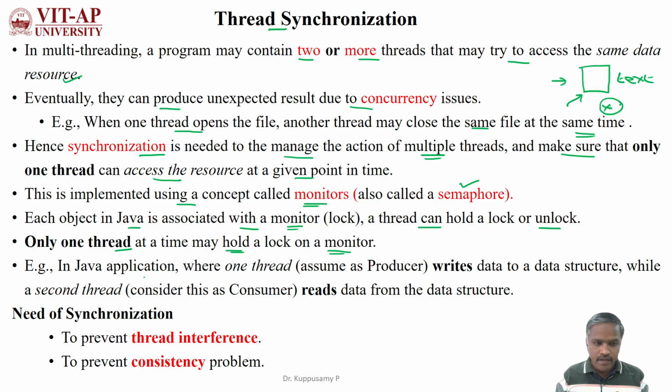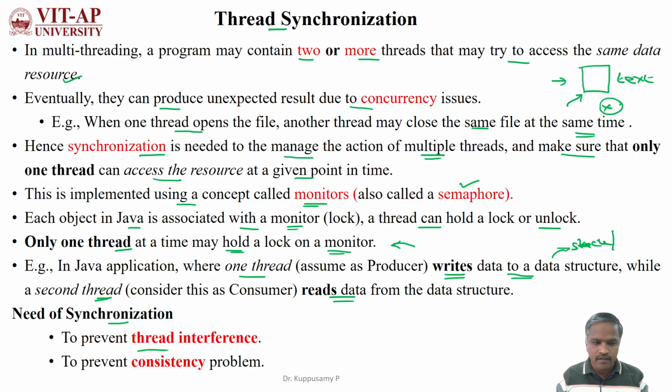For example, in a Java application, one thread can write data onto a data structure, which may be a stack, queue or array. At the same time, a second thread can read the data from the data structure by using this monitor mechanism. Why do we need the synchronization concept?